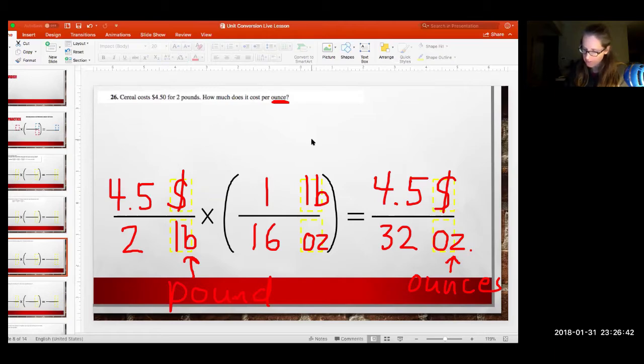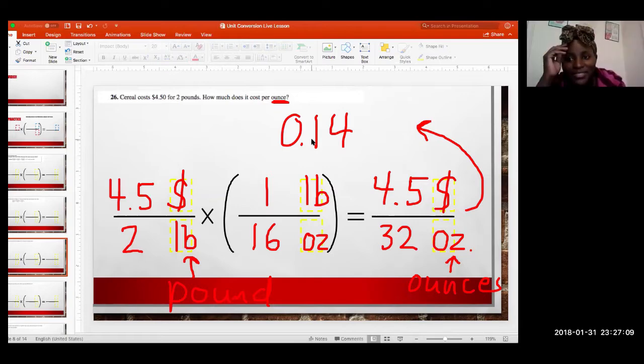Wait, I didn't do that right. 4.5 divided by 32. And that gives us, hold on, I'm going to write it up here. It's 0.14. So it's 14 cents per ounce.